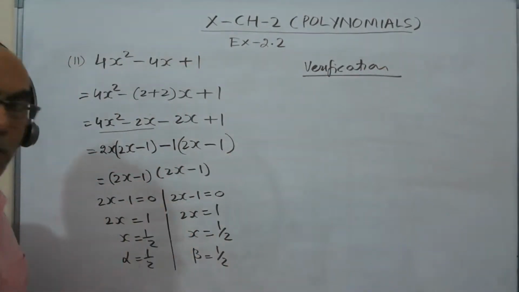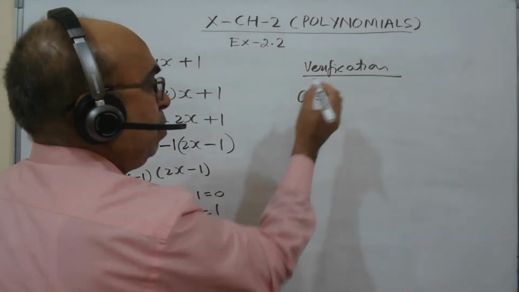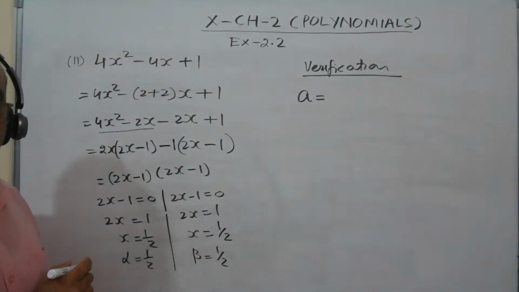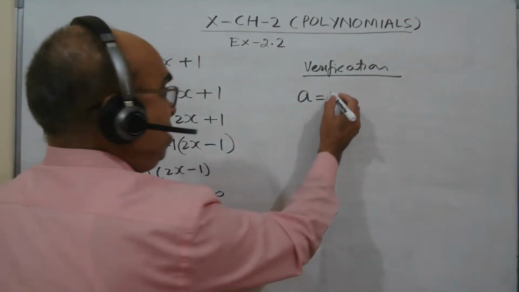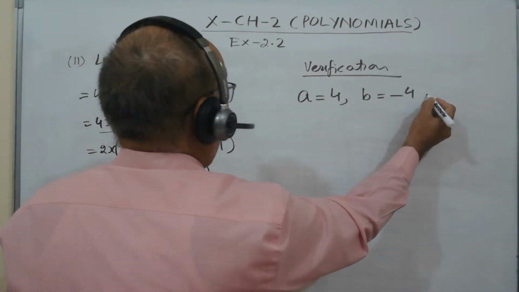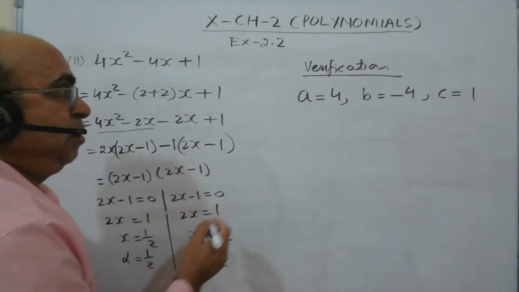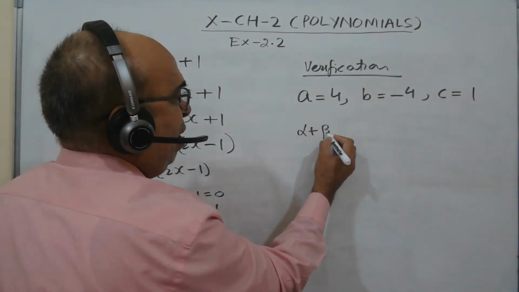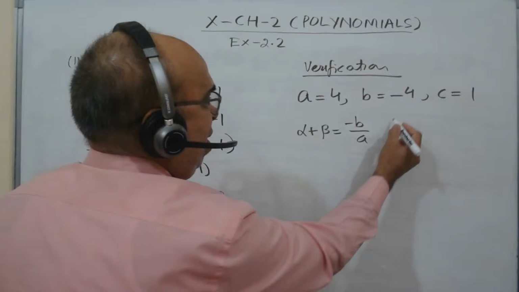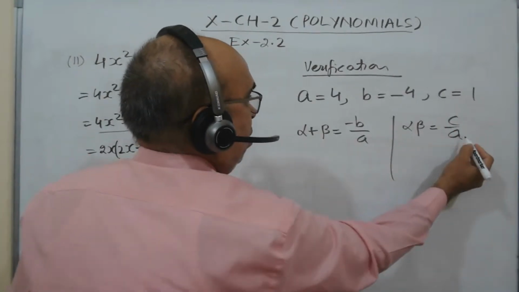Verification. Right? Tell me what are the values of A, B, C? 4. Yes. Coefficient of x, that is minus 4. Now alpha plus beta is minus b by a, alpha beta is c by a.